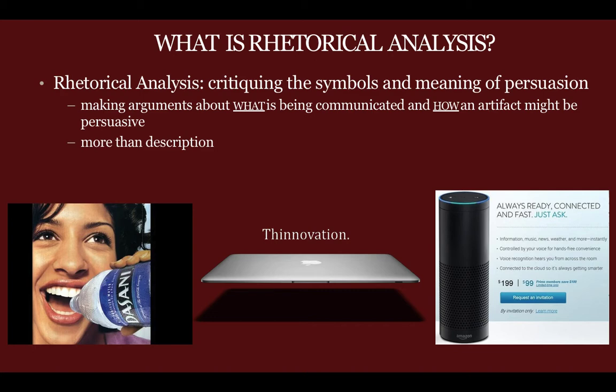Well, it's a three-step process. First, you pick a text or an artifact, and then you come up with a research question. In lecture 1, I talked about the movie Friday. So I would choose Friday as an artifact, as a text to examine.